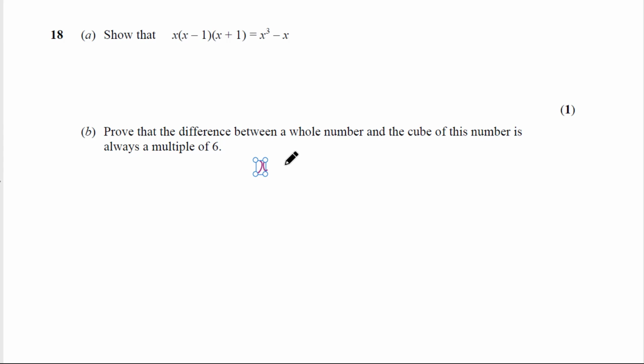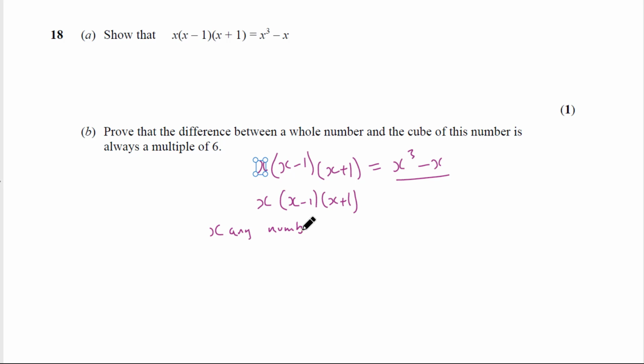Right, this is an interesting one, because when we have x minus 1, x plus 1, this is exactly what we did above. When we expand that out, that equals this, and this is what the question is asking us. So if you think about it, if x is any number, for example x equals 3, this section here will be x equals 4.